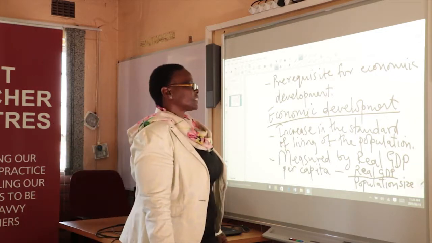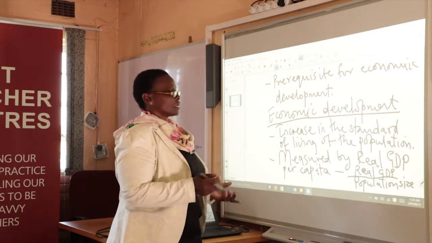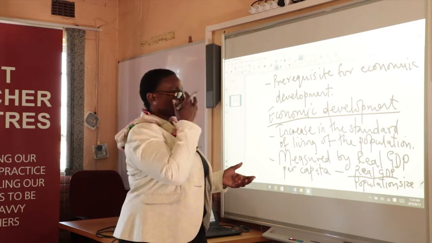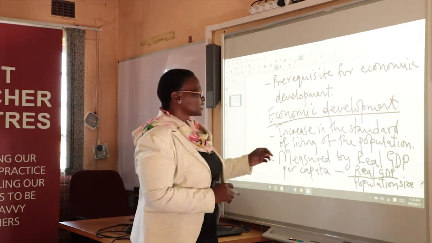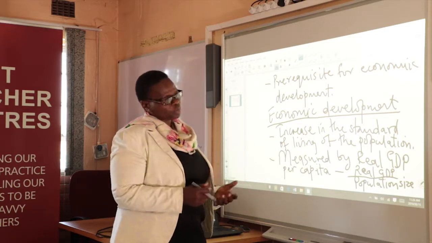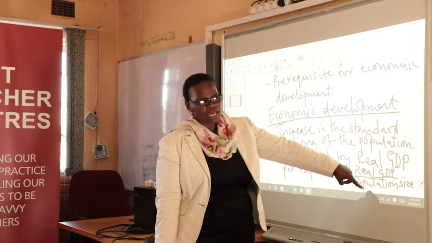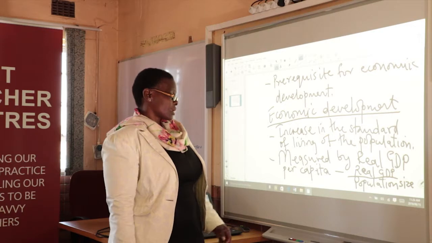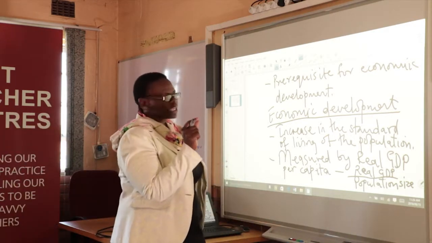Now, sometimes we find that different countries have different real GDP figures. One country can have a bigger real GDP, like if we say it is the economic cake, but you find that the standard of living of the people living in that country is low. And what would be the cause? Of course, the answer lies in the population size. You might have a bigger economic cake, but if there is a lot of people to share that economic cake, each one would get a thin slice of cake.